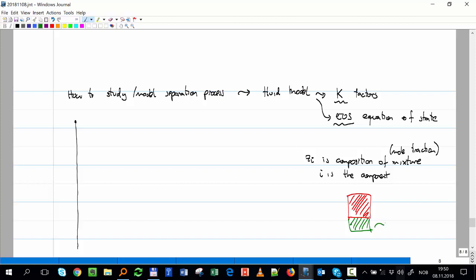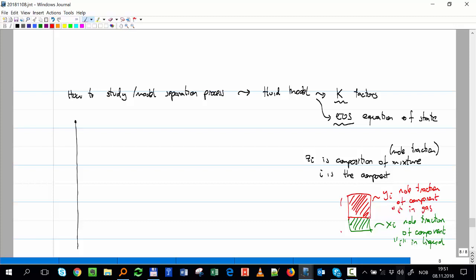Xi will be the mole fraction of component i in the liquid, and Yi is the same but for the gas, the mole fraction of component i in the gas.